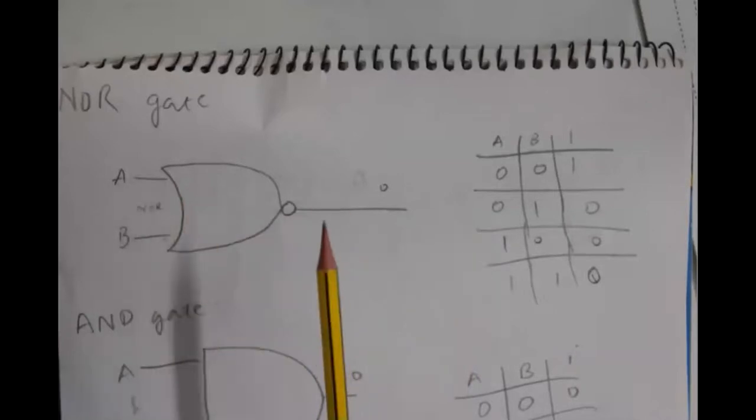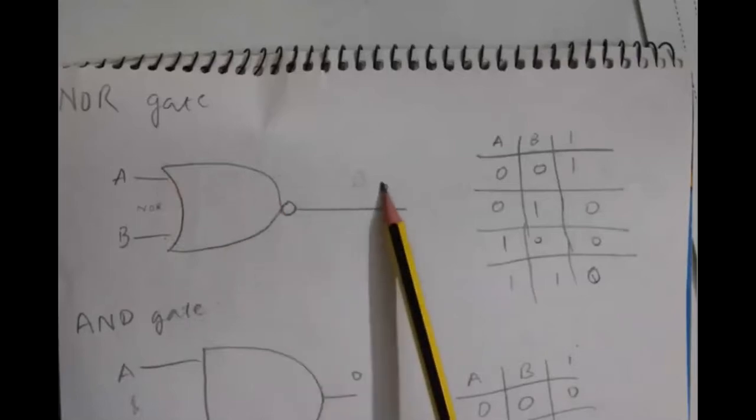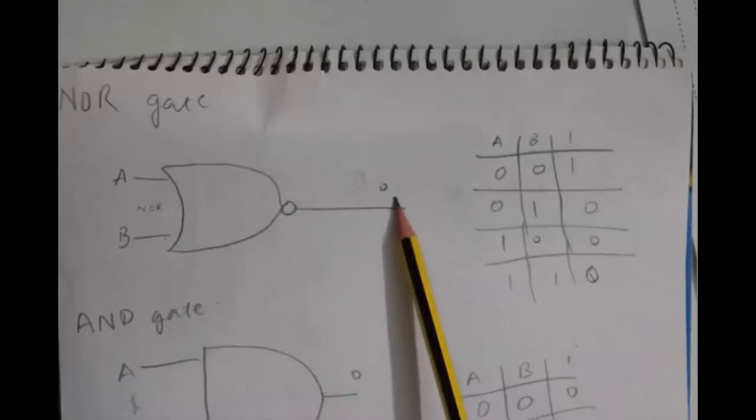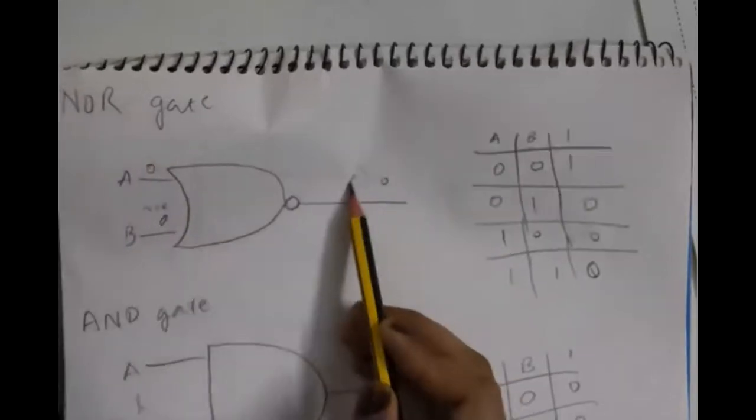Can you repeat this NOR gate? So neither A nor B. If neither A nor B have an input, it's going to flip it around and give you an output. Can you please explain in terms of 1 and 0? So for example, 0, 0 is going to give us a 1.